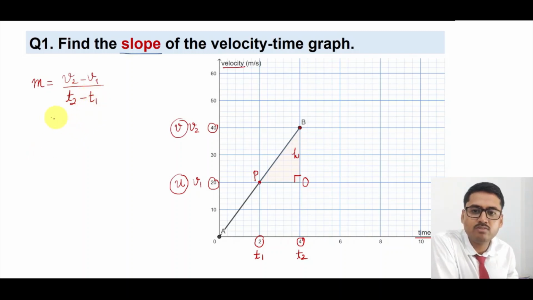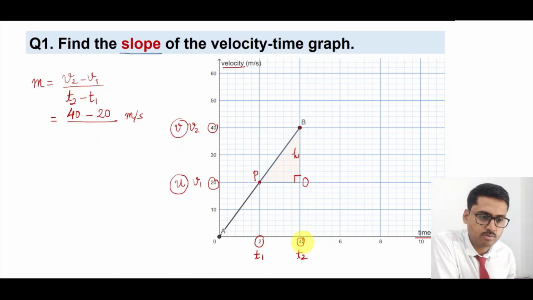Now let's put the value. V2 is 40 meter per second and V1 is 20 meter per second. I'll write the units also for clarification, and let's write the corresponding time. From the graph, T2 is 4 seconds and T1 is 2 seconds.